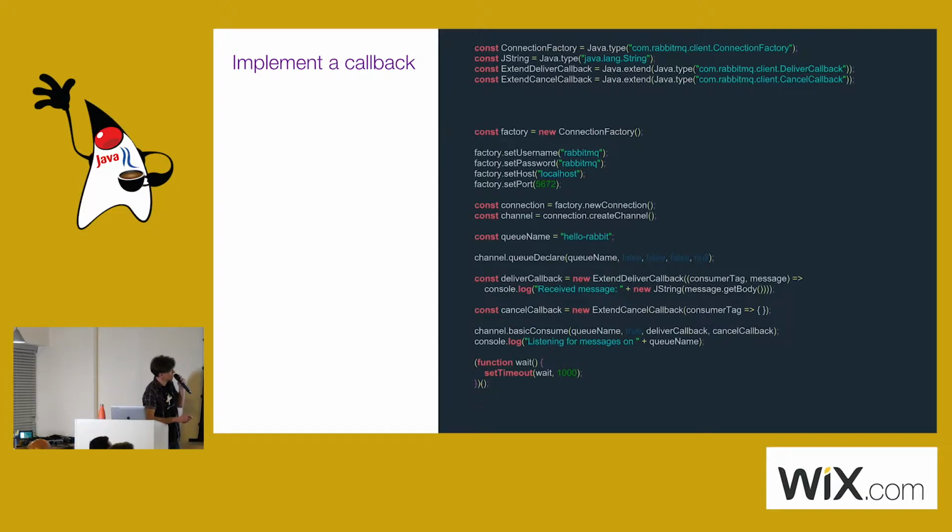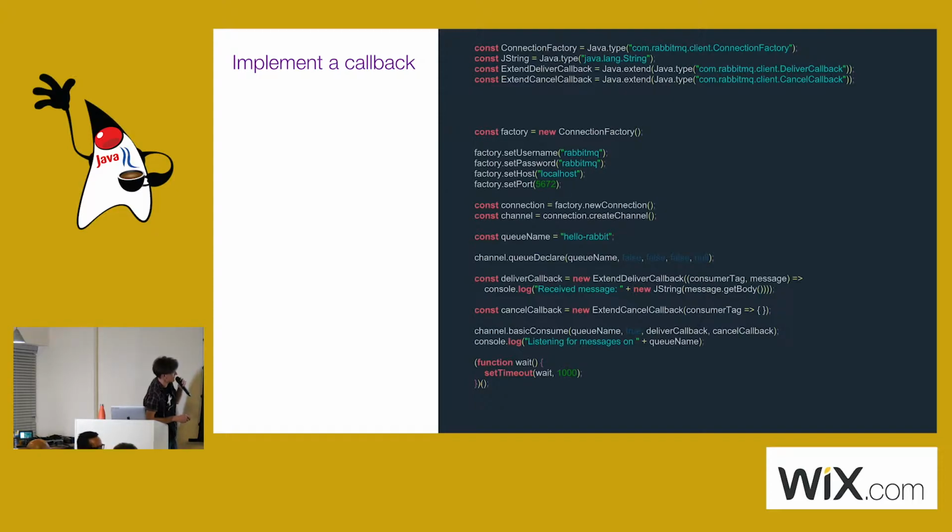You create a connection factory, you configure it, you create a new connection, create a channel. Of course, we're kind of blocking here and here, which is not nice. You declare the queue. I have no idea what those arguments do. Probably something.